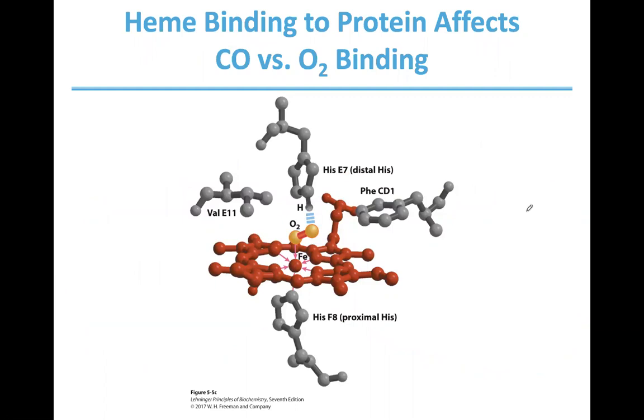So you can see here, this is the three-dimensional view of oxygen bound to heme in myoglobin. And you can see here this is the proximal histidine F8 on the other side.